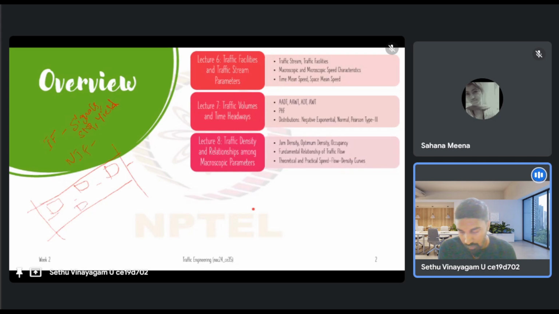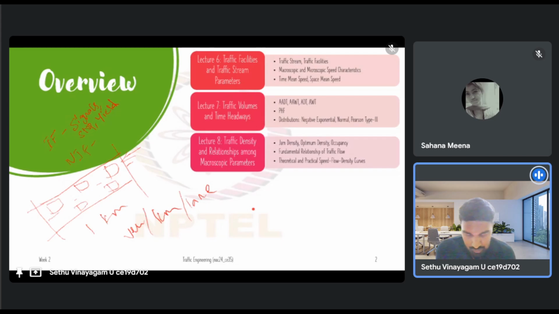This we generally express per lane, so for each lane we calculate a density, and also for a 1 kilometer stretch. That's the standard that we use: the number of vehicles present in 1 kilometer. So that's the density, and this density varies with the flow.